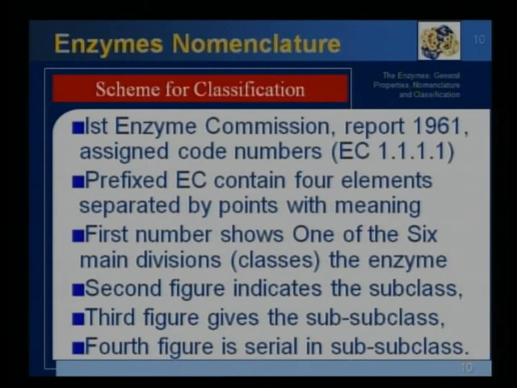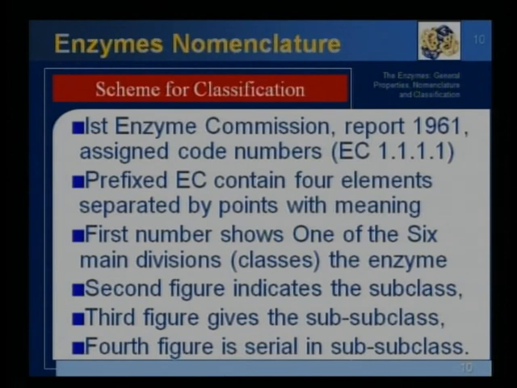Many times the reactions catalyzed are more or less the same, differing only in a very small way, so to avoid confusion this system was coined by the Enzyme Commission.